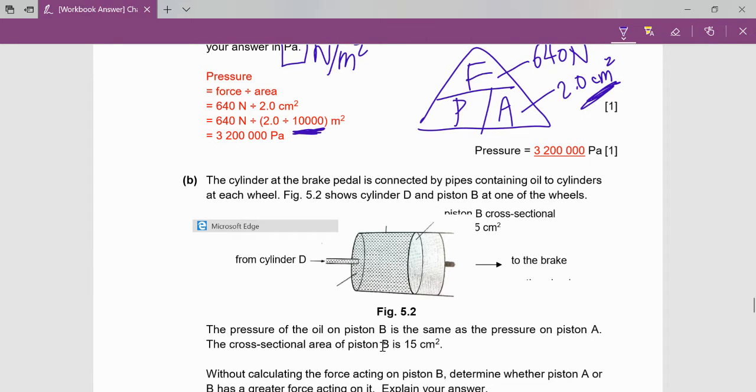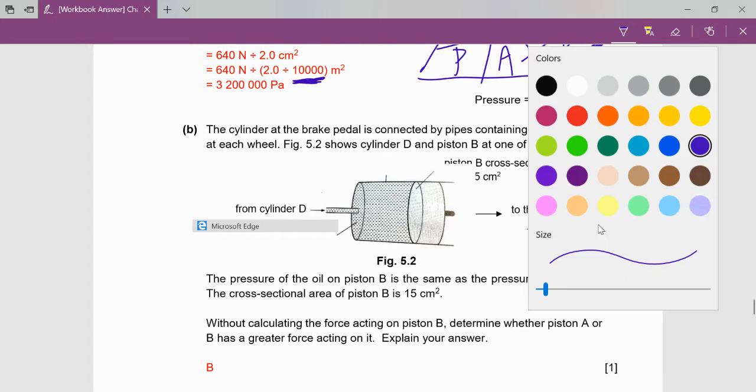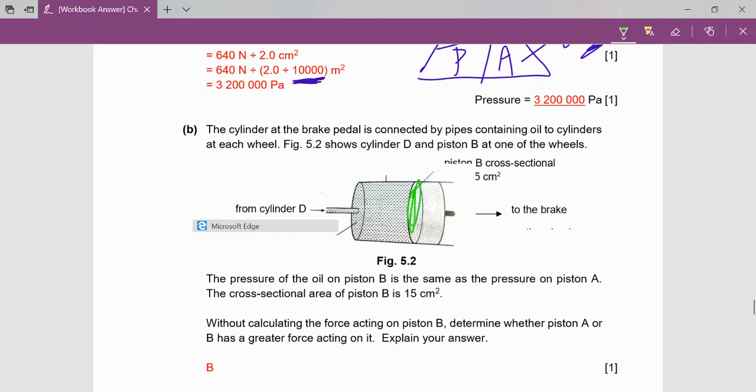The cylinder at the brake pedal is connected by pipes containing oil to cylinders at each wheel. Okay, so figure 5.2 shows cylinder D and piston B at one of the wheels. So cross-section area is the same idea here.